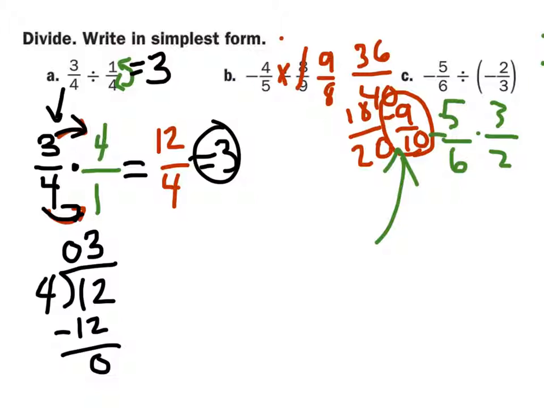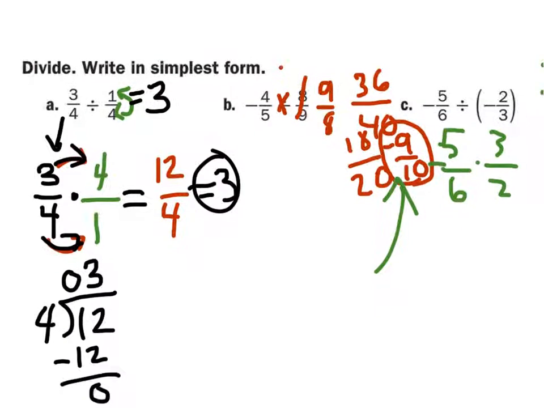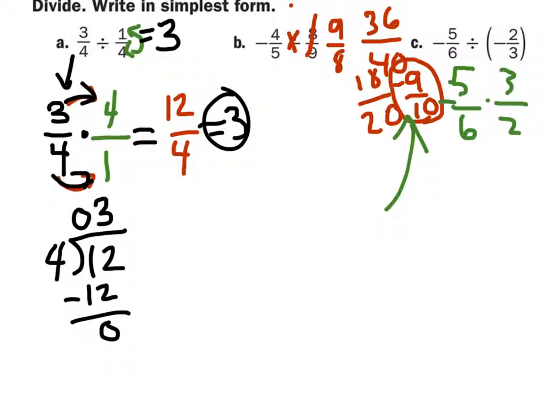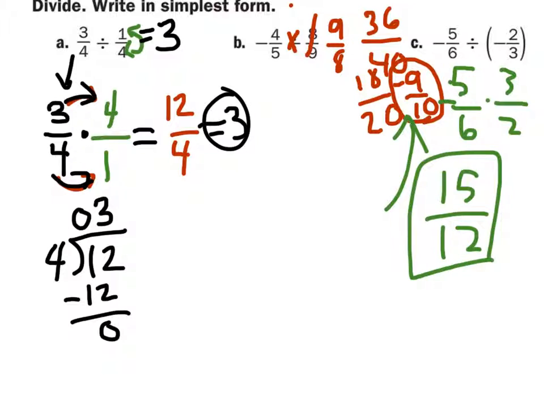Which is 15 over 12. And it's positive, so. Very good. Thank you, Jackson.